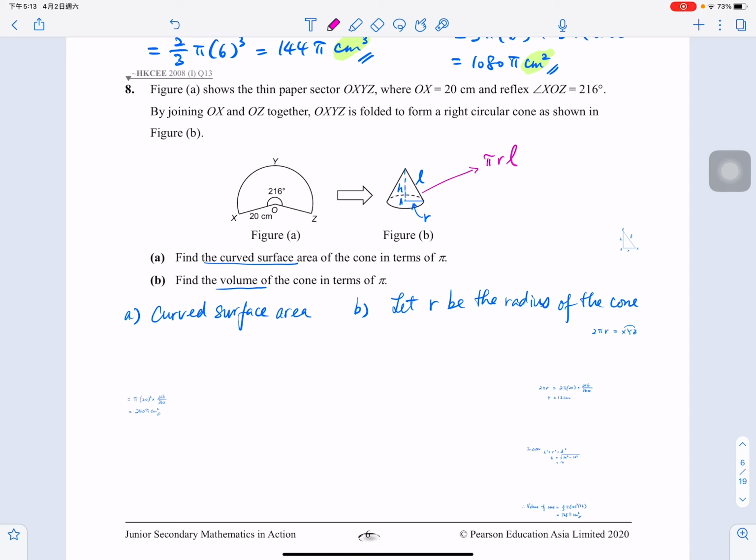How about the volume? You know that is 1/3 of pi r square h, correct? Pi r L and 1/3 pi r square h are the formulas for part A and part B.